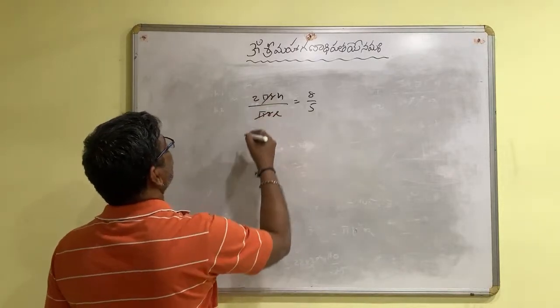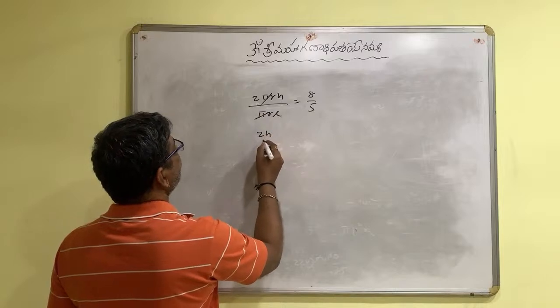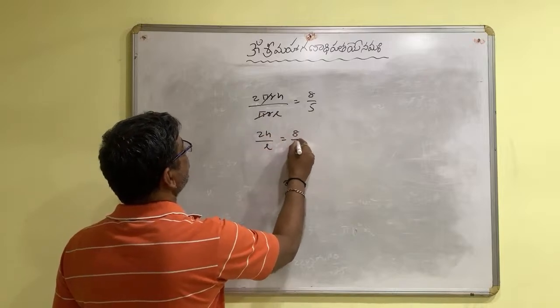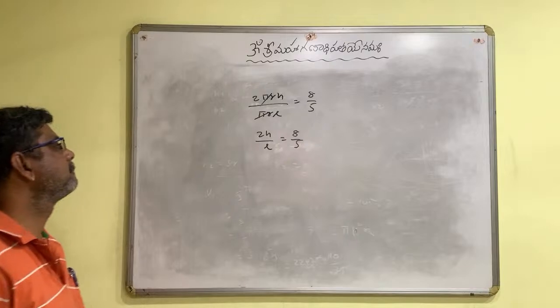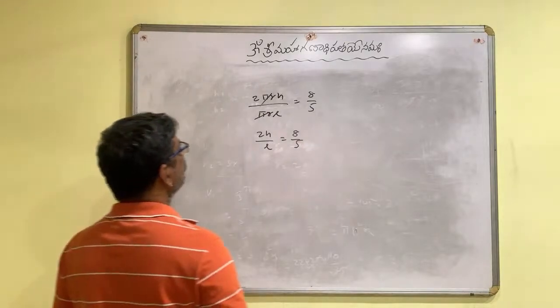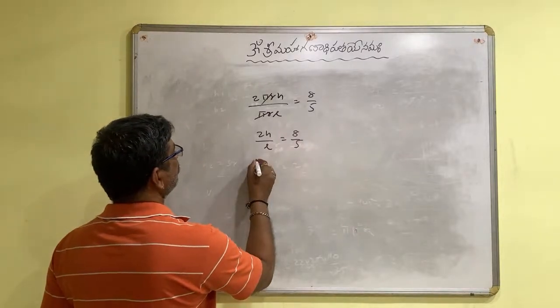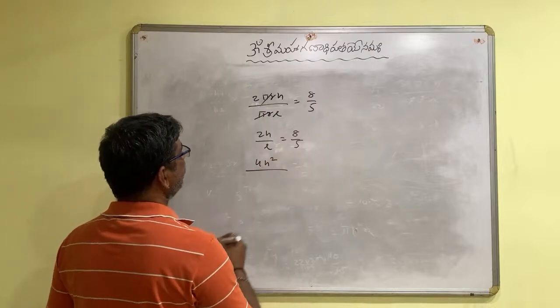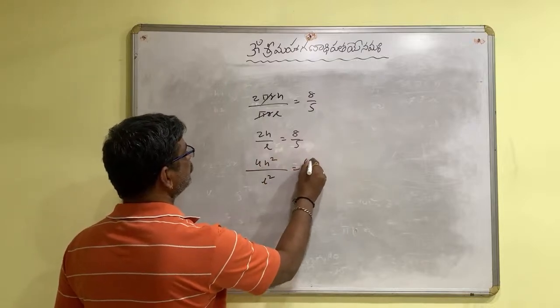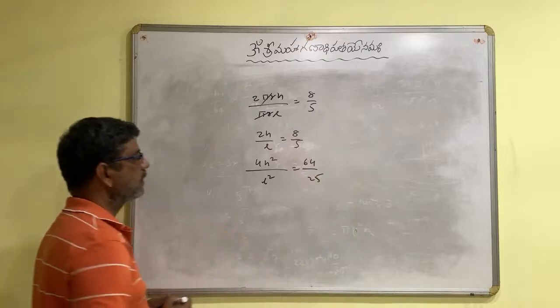So pi R cancels. 2h by L is equal to 8/5. Squaring, 4h square by L square is equal to 64/25.